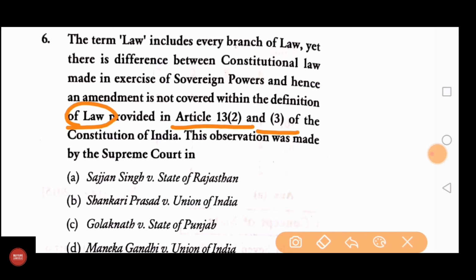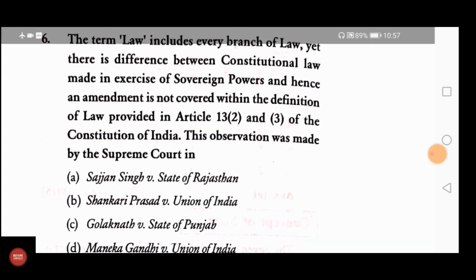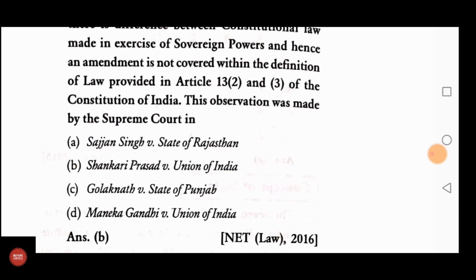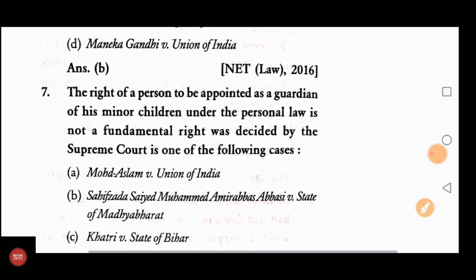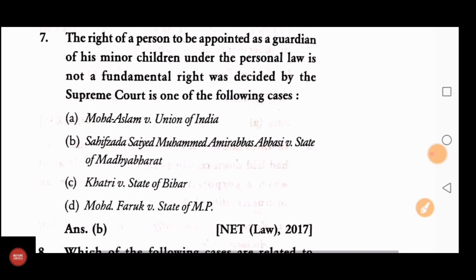This observation was made by the Supreme Court in option A, Sajjan Singh versus State of Rajasthan, option B, Shankari Prasad versus Union of India, option C, Golaknath versus State of Punjab, and option D, Maneka Gandhi versus Union of India. The correct answer to this question is option B, Shankari Prasad versus Union of India.